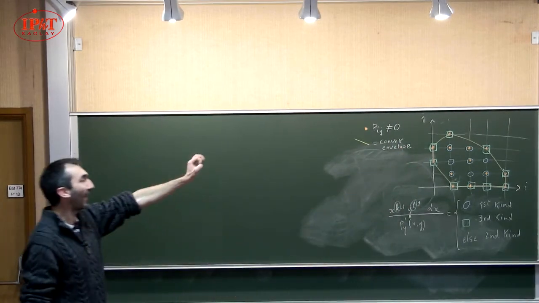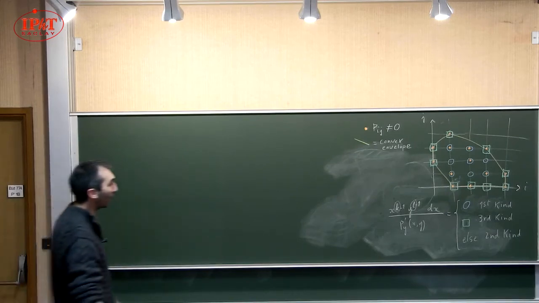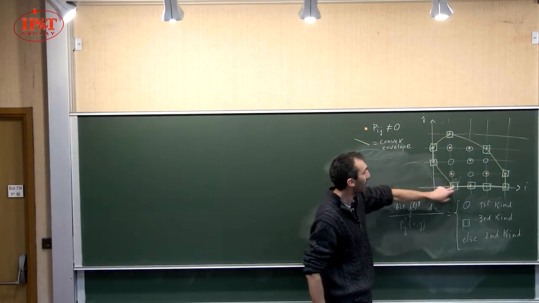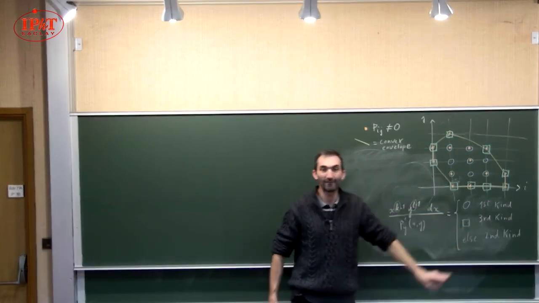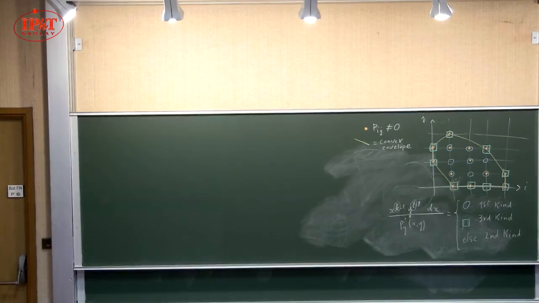If it is inside the convex envelope, this is a first kind form, meaning that it has no pole. If it fits a point on the boundary, it is a third kind form, meaning that it has only simple poles. And if it is outside, it is a second kind form.